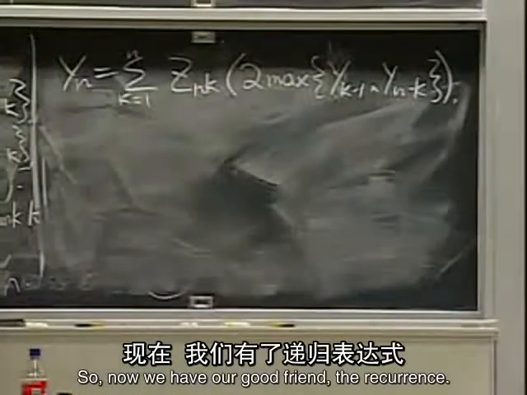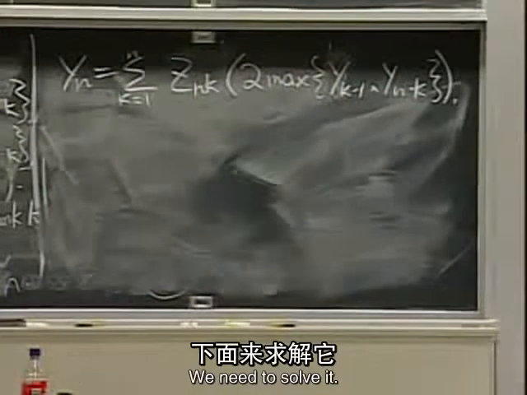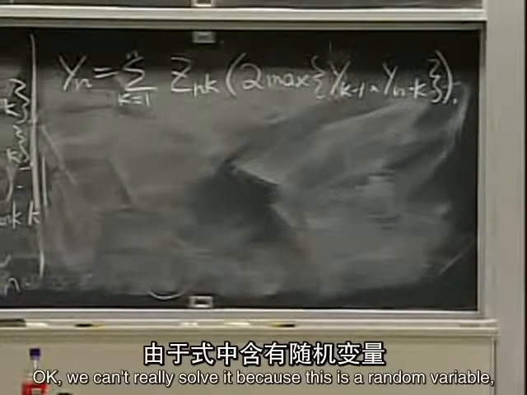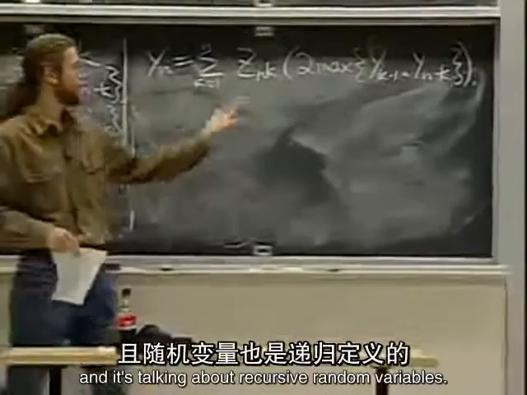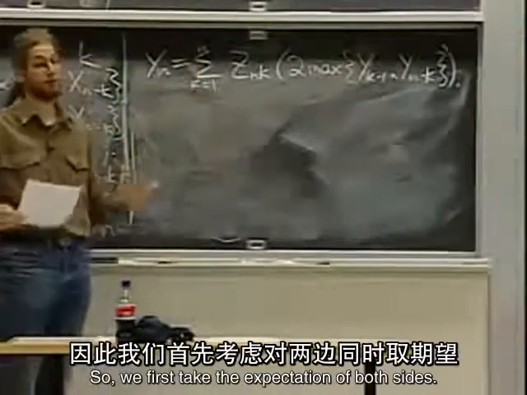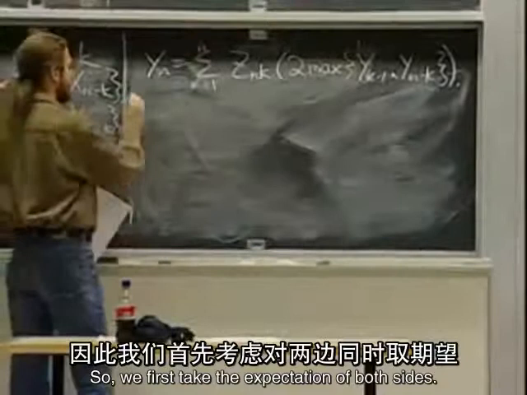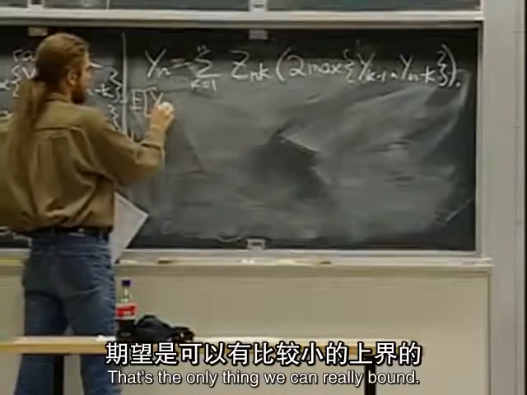Now we have our good friend, the recurrence, and we need to solve it. We can't really solve it directly because this is a random variable defined recursively in terms of random variables. So we first take the expectation of both sides. That's the only thing we can really bound.